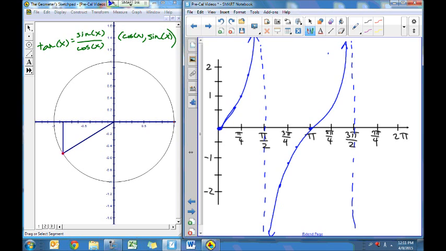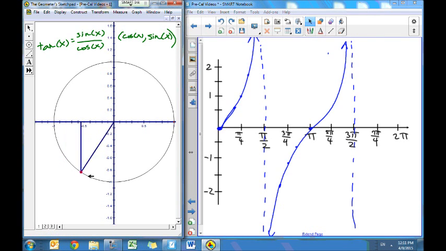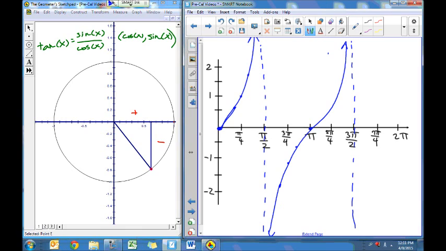Okay. And again, as we are in the fourth quadrant, the sine of x will be negative and the cosine of x will be positive. This is going to be a positive and a negative. And as you divide sine over cosine, a negative divided by a positive, it'll again be negative. And it'll be again like this.